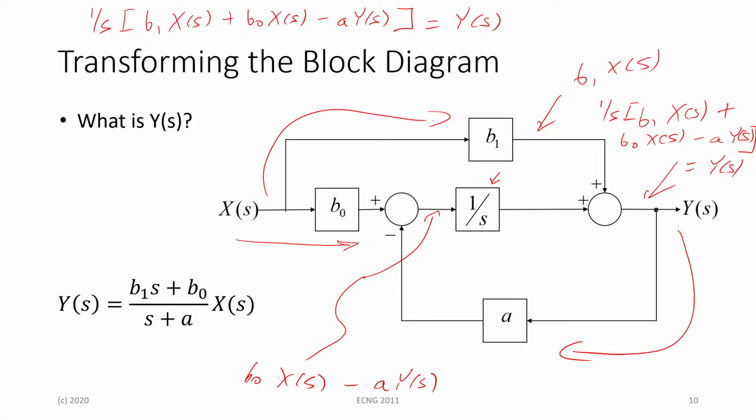Let's carry across that 1 on s, by multiplying both sides by s. So we end up getting s y of s, and let's transfer across this minus a y of s, plus a y of s, to be equal to b1 x of s plus b0 x of s.